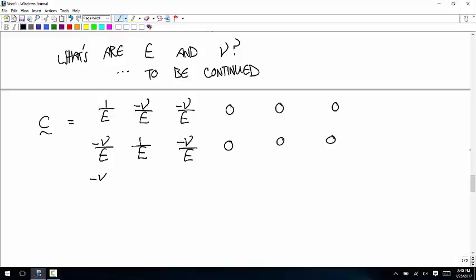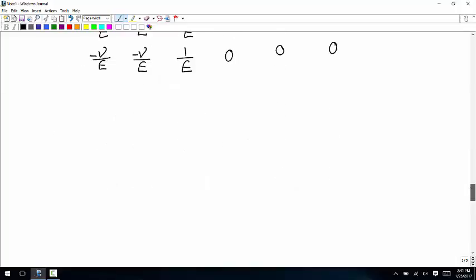And then negative nu over E, negative nu over E, 1 over E, 3 zeros. And then the fourth row is 3 zeros, and then the fourth element is 2 times the quantity 1 plus nu over E, and then 2 more zeros.